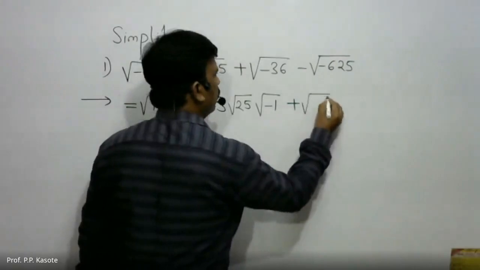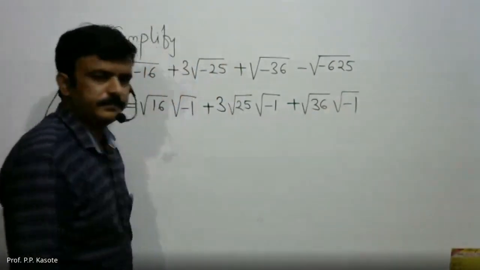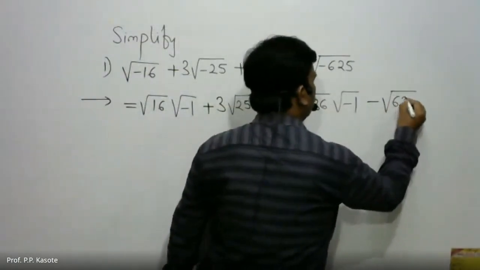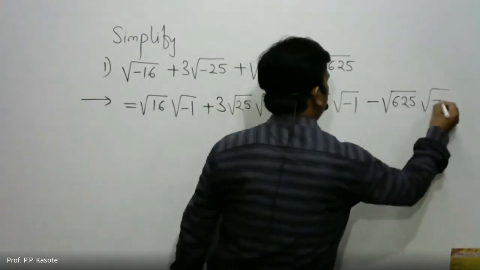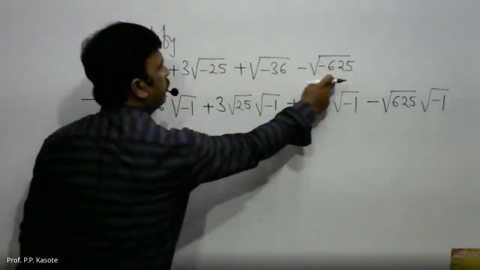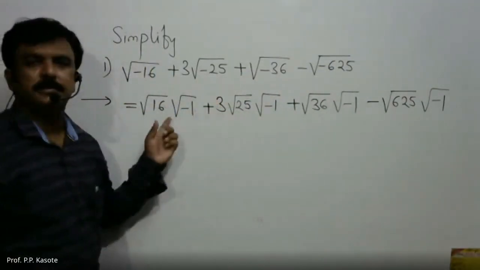Plus root 36 into root minus 1. And the last term is minus root 625 into root minus 1. In all the four terms, 1, 2, 3, 4, we have simplified them. We have written them like this.